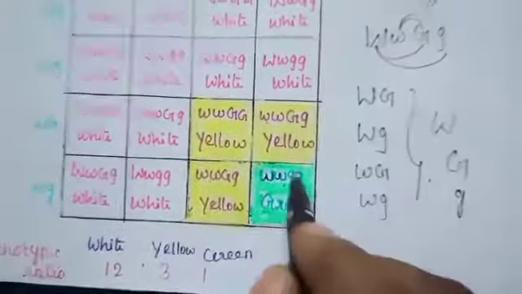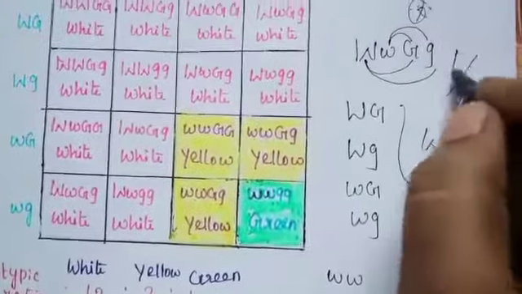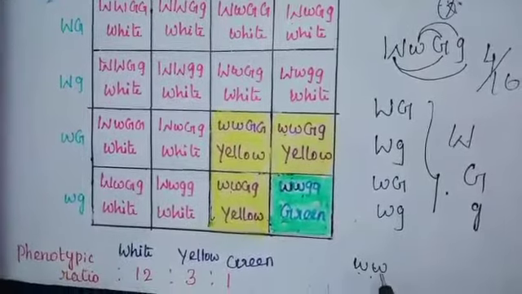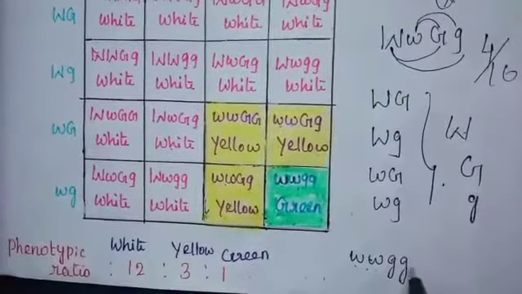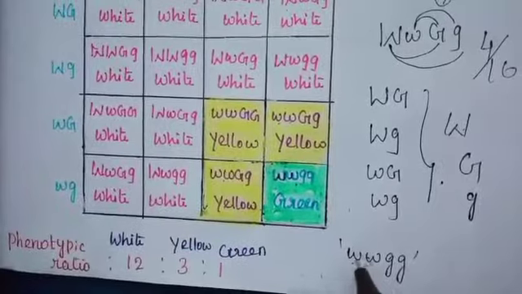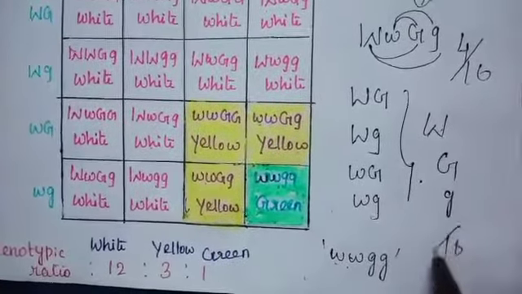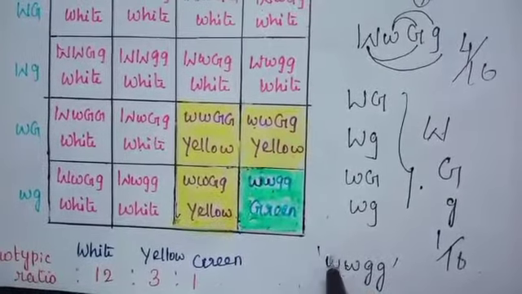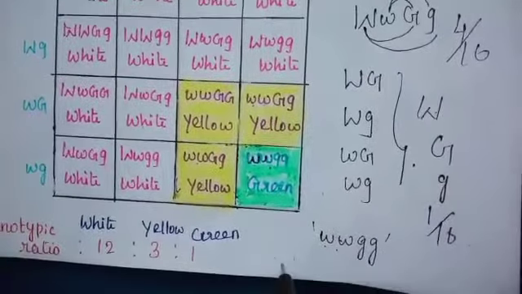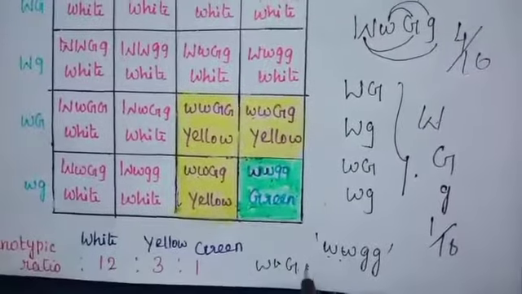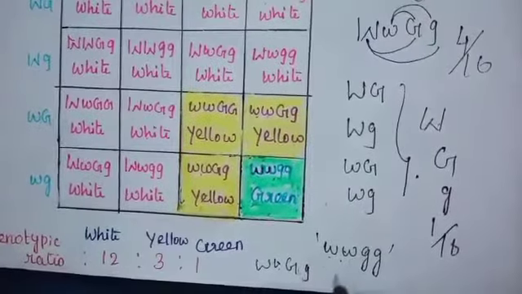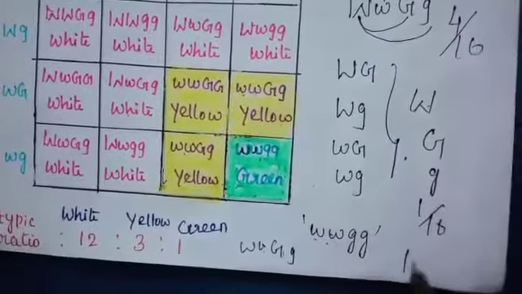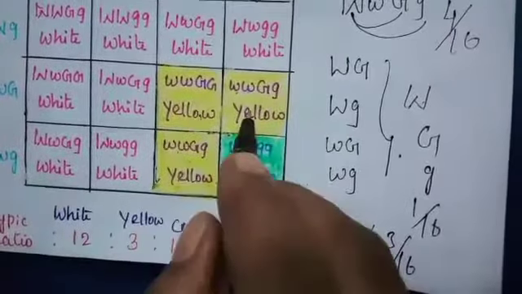That is 4 colored fruit, so 4 out of 16. The double recessive small w small g will give green fruit, 1 out of 16. The plants having G in their genotype, small w capital G small g or small w capital G capital G, will give yellow fruit, 3 out of 16. 1, 2, 3 yellow fruit.